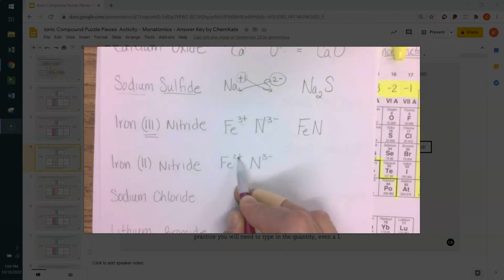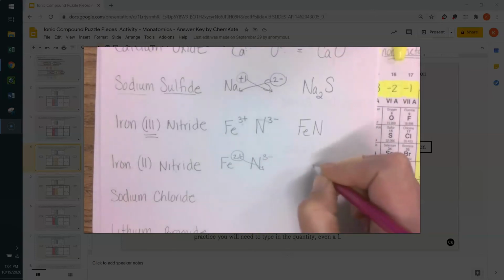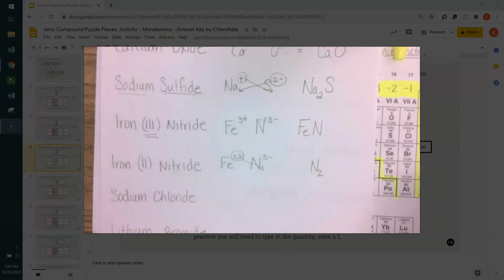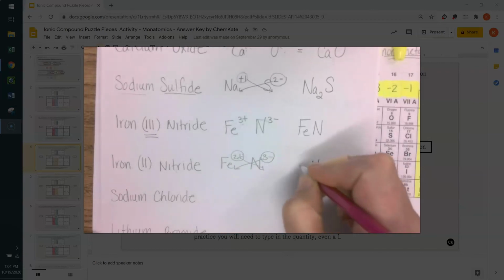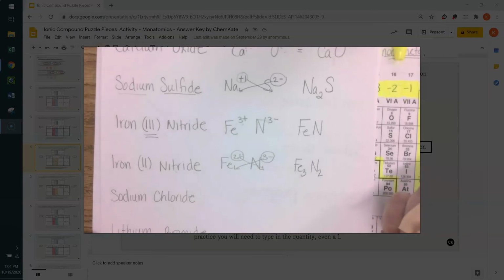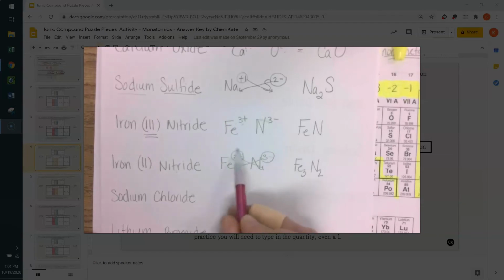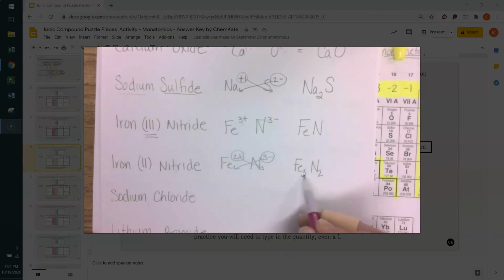The easiest way I can show you to do this is our crossover method, where you take the charge for iron and make it the subscript for nitrogen, so that becomes N2, and you take the charge for nitrogen and make it the subscript for iron, so Fe3. What this is effectively doing is saying I need 3 of these 2 plus charges to equal 2 of these 3 minus charges. In each case you'd have a plus 6 here and a minus 6 here. Now this compound is electrically neutral, as they all should be.